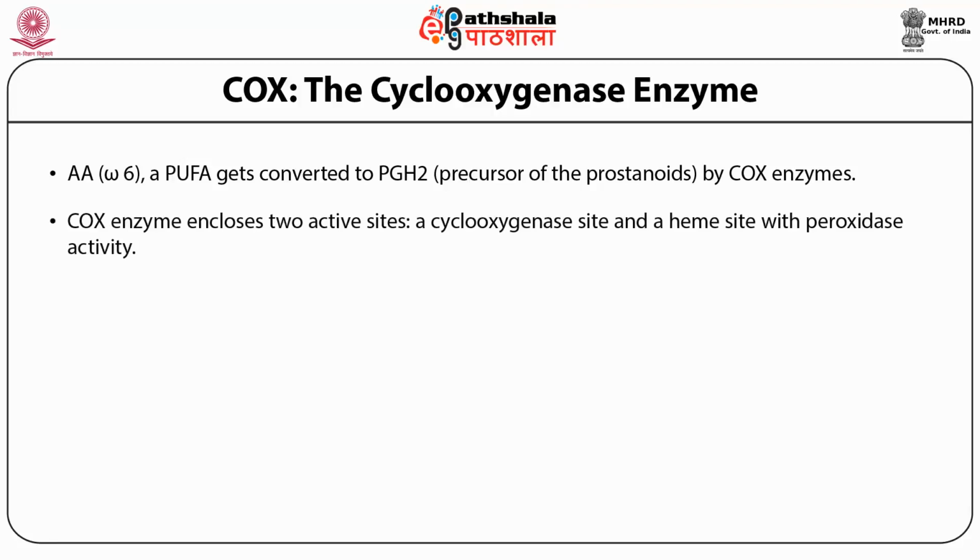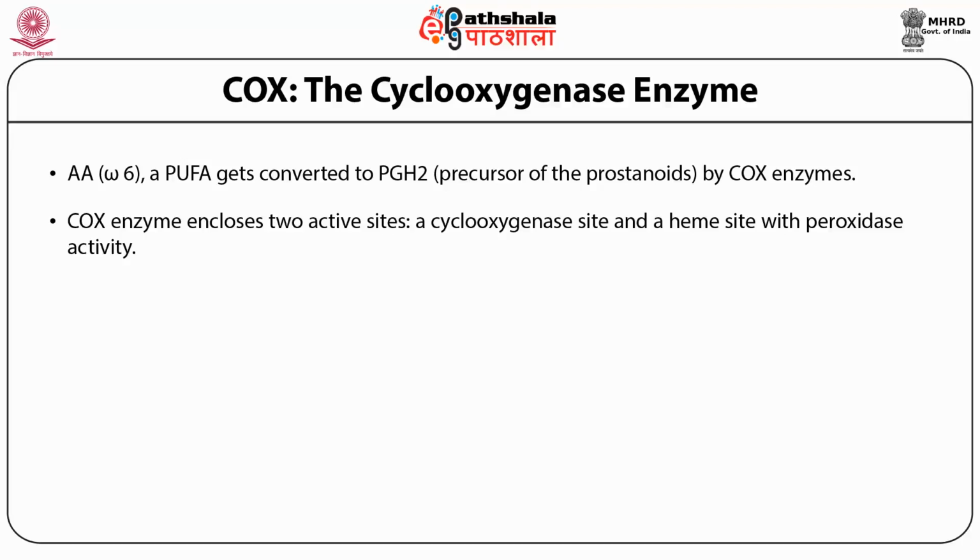The cyclooxygenase enzymes enclose 2 active sites: a cyclooxygenase site where prostaglandin G2 is formed, and a heme site with peroxidase activity, which is accountable for the reduction of prostaglandin G2 to prostaglandin H2.